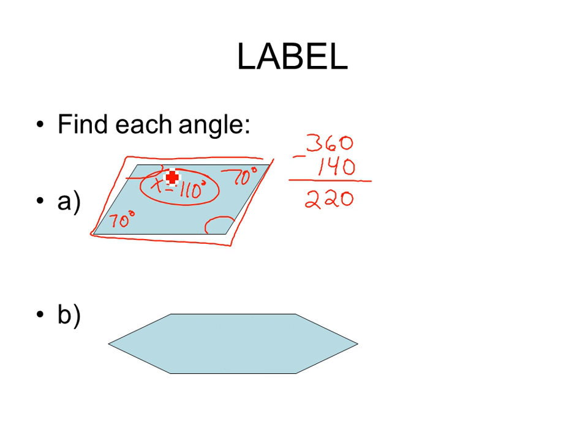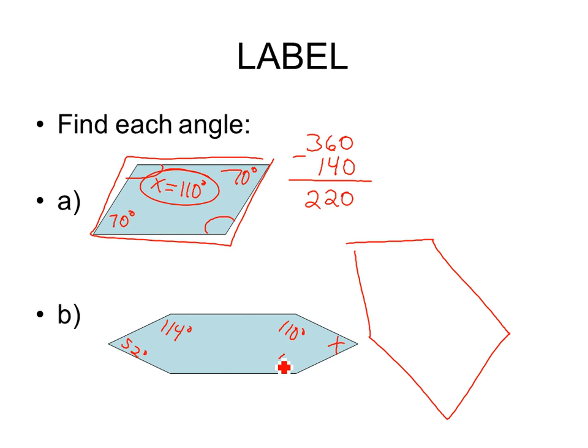Other ones, maybe a little harder one, sometimes if they're not a normal shape, which I know this still sort of looks normal, but a lot of them in the book won't be a normal shape. It might be some pentagon that looks all crazy like that, where everything's all different. Maybe they tell you something like this is 52, this is 114, this is 110, this is X, this is 120, and maybe this one down here is 98.